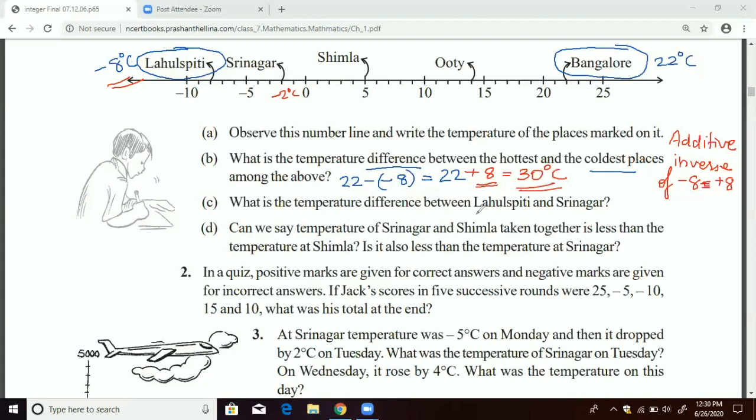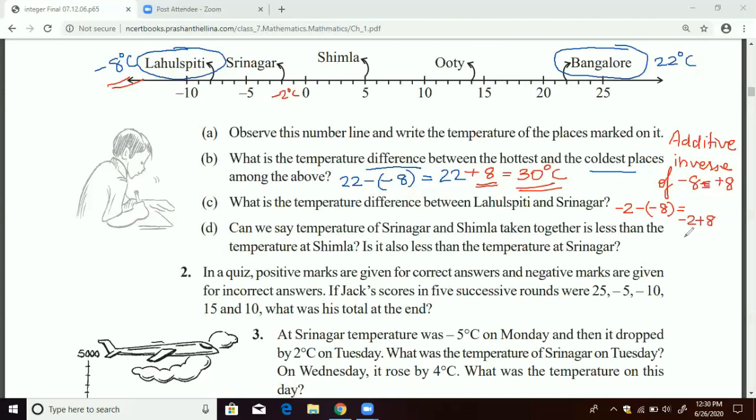So you are subtracting -2 minus -8. Here also you can write this as -2, and instead of this minus you can put plus, and this -8 can be replaced with its additive inverse, positive 8. So -2 plus 8.